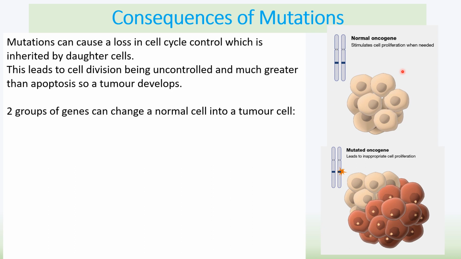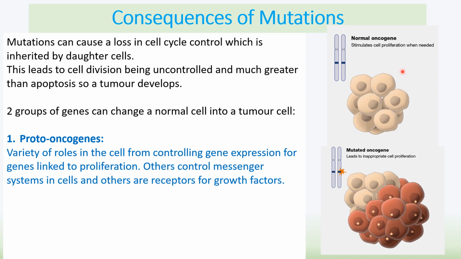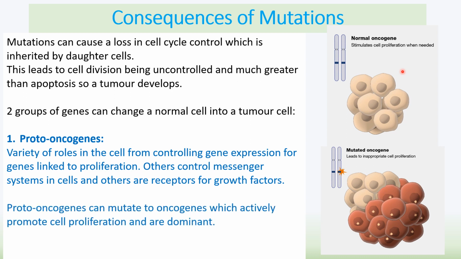Now there are two groups of genes that can change a normal cell into a tumour cell. The first type is proto-oncogenes, and they have a variety of roles in the cell, from controlling gene expression for genes to link to proliferation. Others control messenger systems, and others are receptors for growth factors. Proto-oncogenes can mutate to form oncogenes, which then actively promote cell proliferation and are dominant.